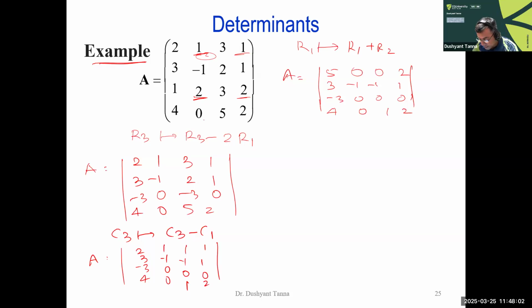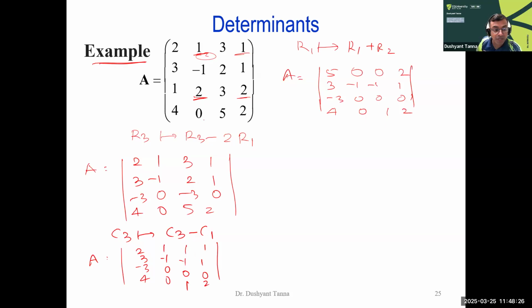How can I bring it? I got this element as 2, this element as 2. Right? If I subtract it here, I'll change row 4. See, I got 2 zeros in row 1. If I do anything in row 1, the zeros will be gone because this is 1, right?